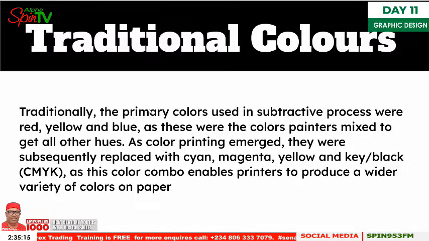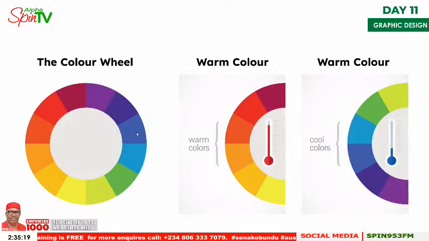Now, this is the color wheel. Last time, I believe I made an example of the warm color and the cool color. Sorry, this is the cool color, not the warm color. I made a mistake there and can't correct it immediately.